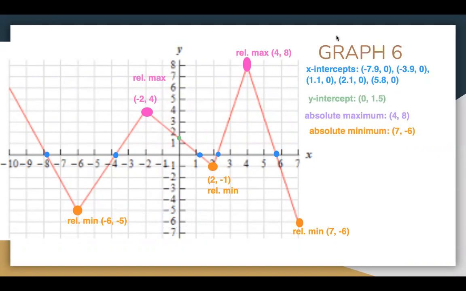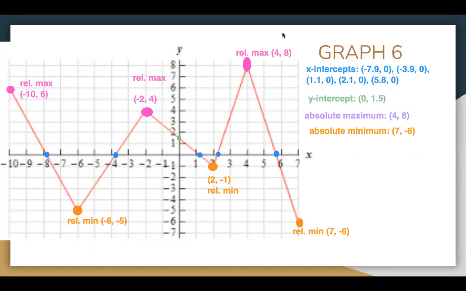And finishing it up, we will end the graph at a maximum at (-10, 6). So again, those very top points are our maximums, the bottom ones are minimums.